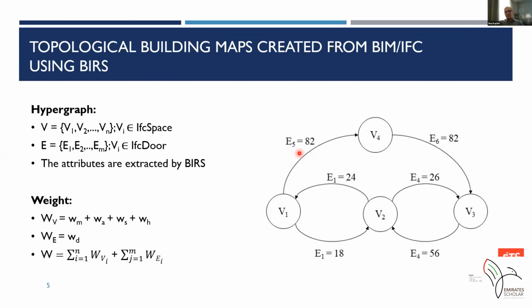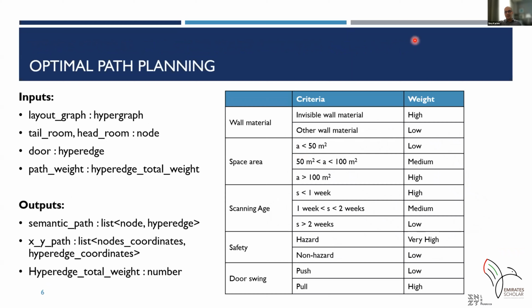Because some materials, such as glass, are invisible to the robot sensors. For example, glass is invisible to a laser scan, so the robot cannot see glass as an obstacle, but we bridged that information from BIM, so that the robot can have a very good understanding of what's going on around it.